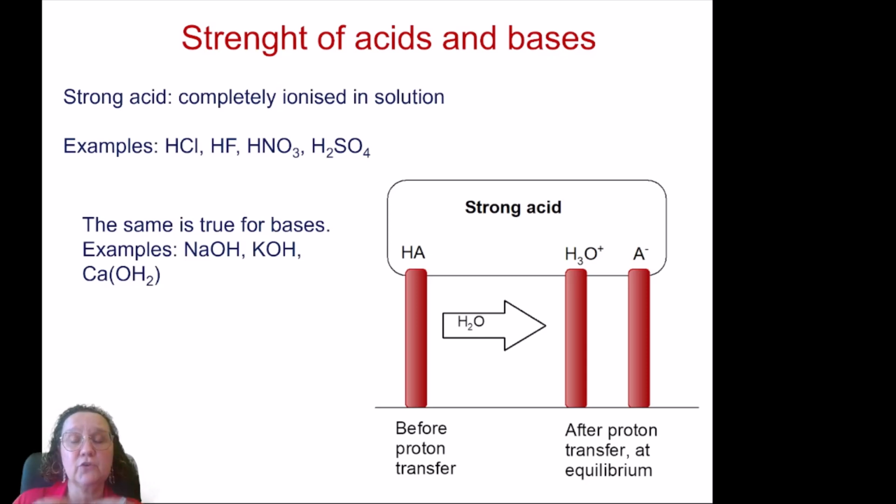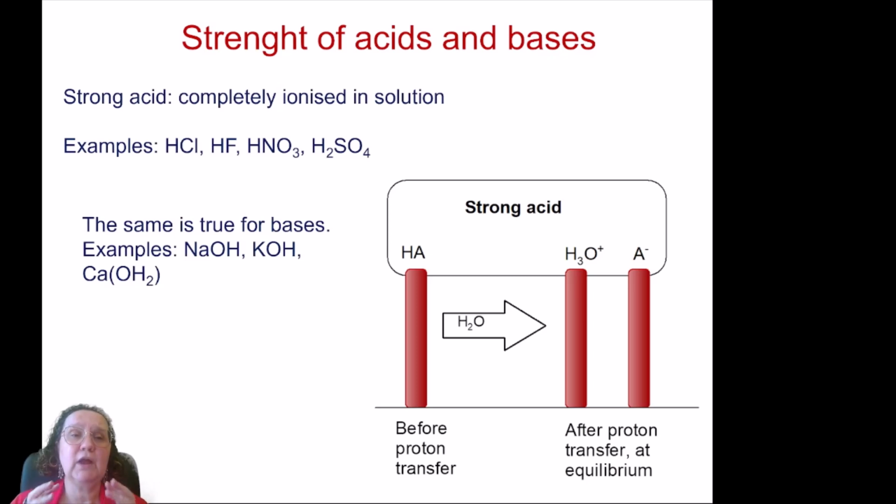Some bases have a strong tendency to accept hydrogen ions. Some bases are not that good at accepting hydrogen ions, and they won't do it so well. So we talk about strong acids and strong bases, and weak acids and weak bases, and we deal with them differently because the chemistry they produce in solution is different.